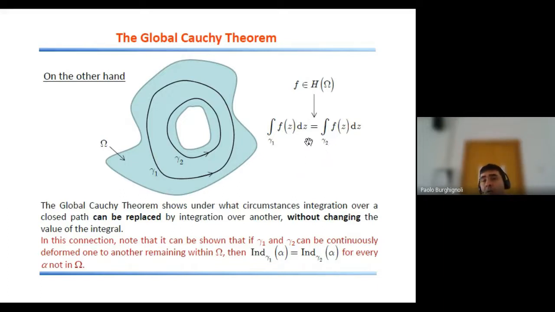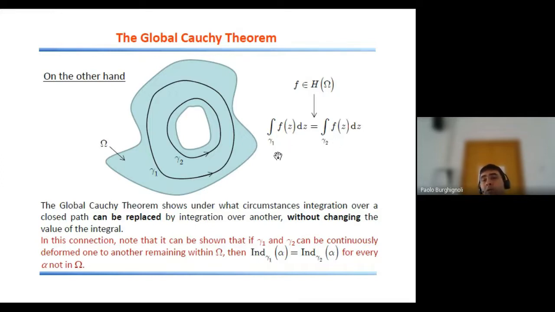Actually, I use the word deforming because it can be proved that if gamma 1 and gamma 2 can be continuously deformed one onto the other, while remaining within the region omega, then the index of gamma 1 is equal to the index of gamma 2 for any alpha not in omega, and this is equivalent to saying that their integrals are the same by the global Cauchy theorem.